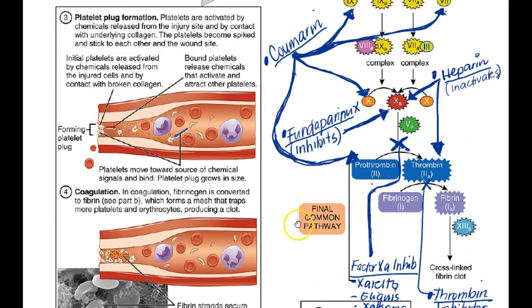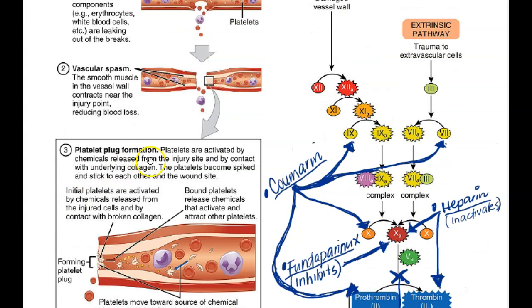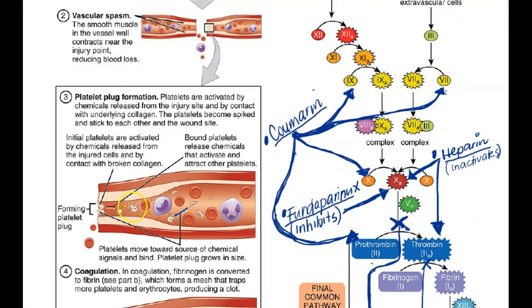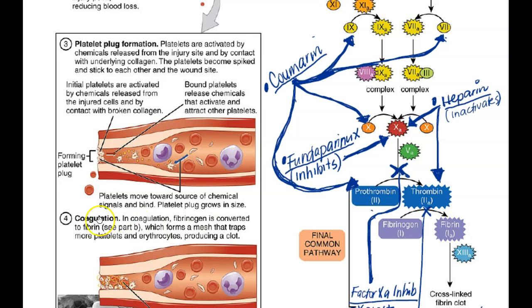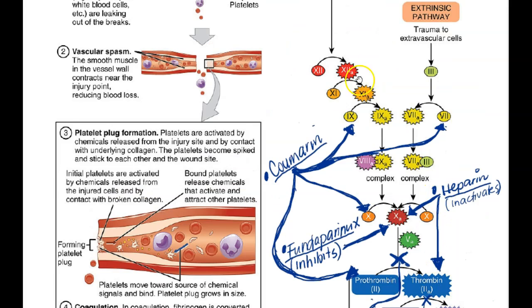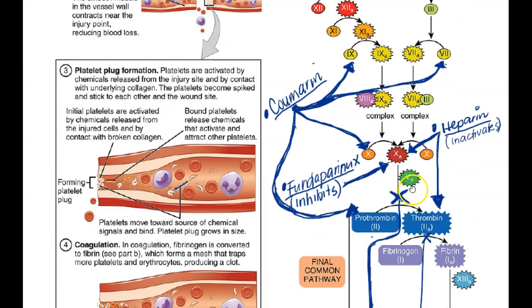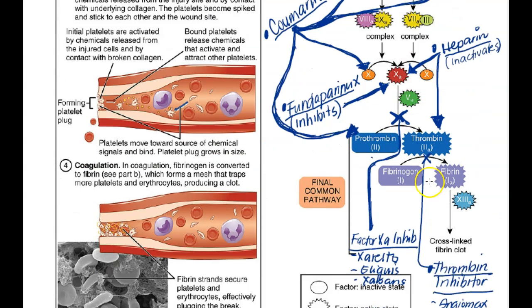Platelet aggregation inhibitors do not affect the coagulation cascade. What they affect is the platelet plug formation step of clotting. Anticoagulants, on the other hand, affect the clotting cascade, the coagulation process, and this is the more detailed coagulation cascade over here. The anticoagulants affect certain steps on the coagulation cascade.